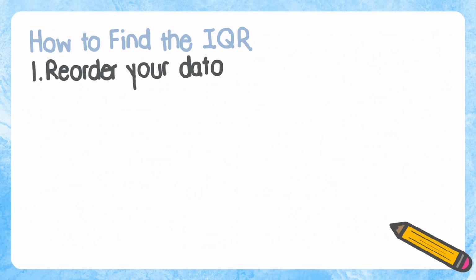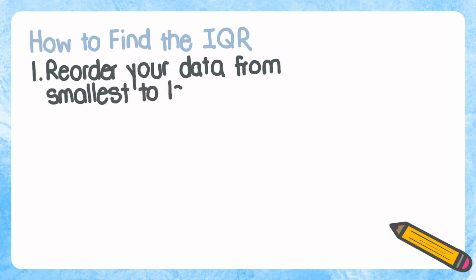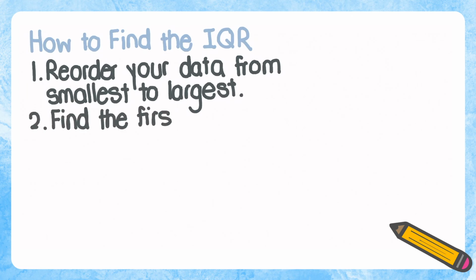So how do we find this interquartile range? First, surprise, surprise, you are going to reorder your data set from the smallest to the largest number, so from least to greatest. And then you are going to find the first and third quartiles, Q1 and Q3.